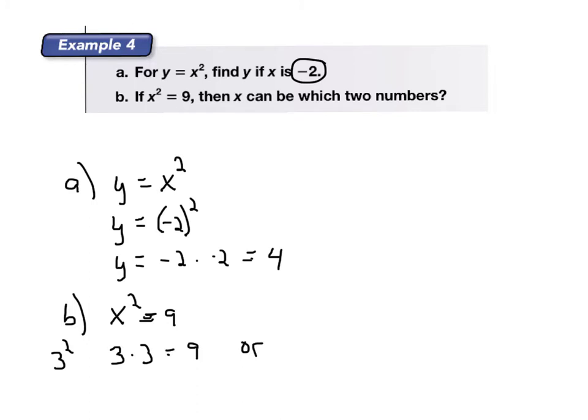Or x can be a negative 3 times a negative 3, which is also negative times a negative makes a positive. So the answer is x can be either a positive 3 or a negative 3. Because if you raise it to the second power, which is even, you'll get a positive 9 both times.